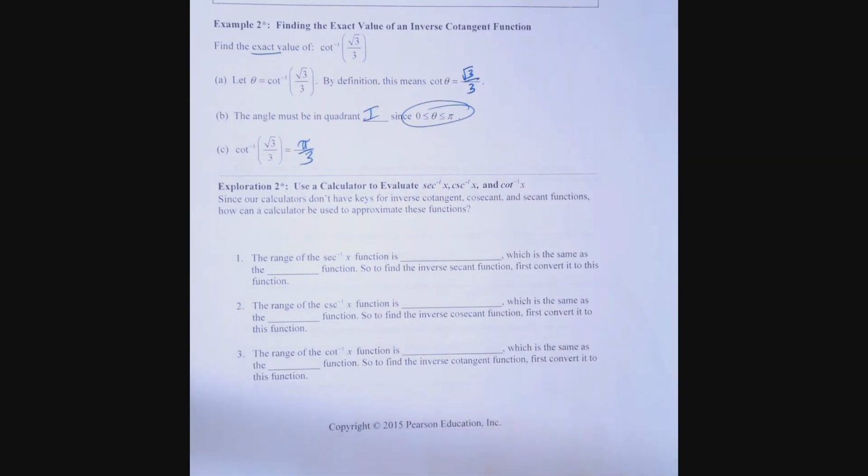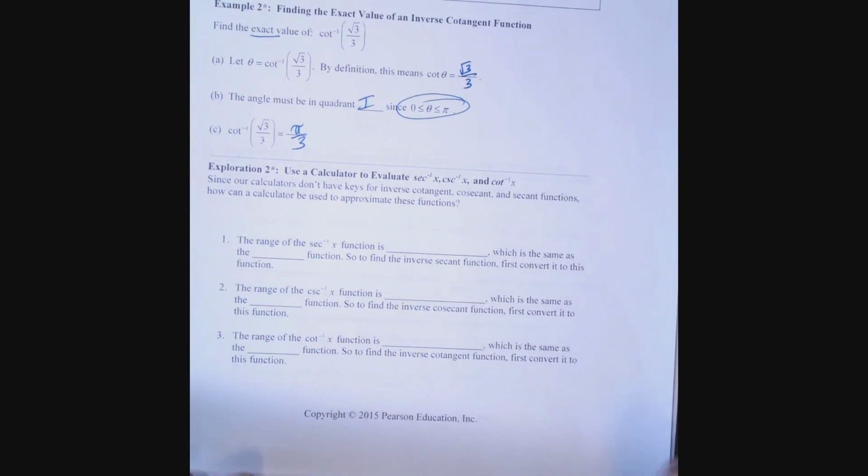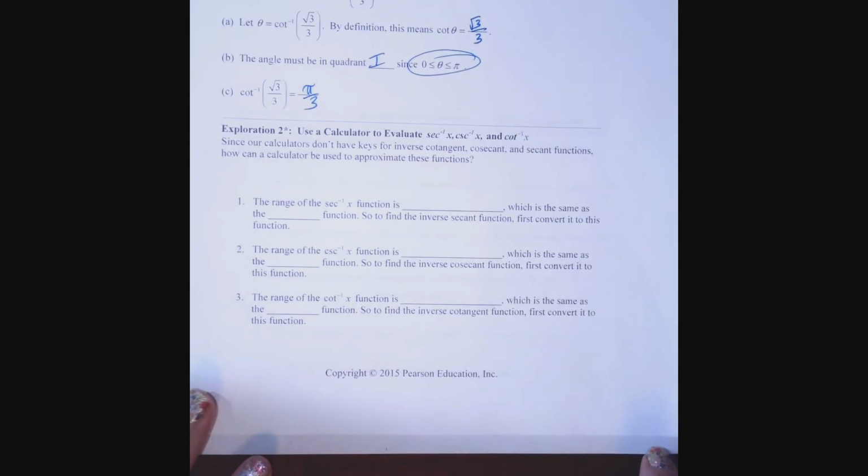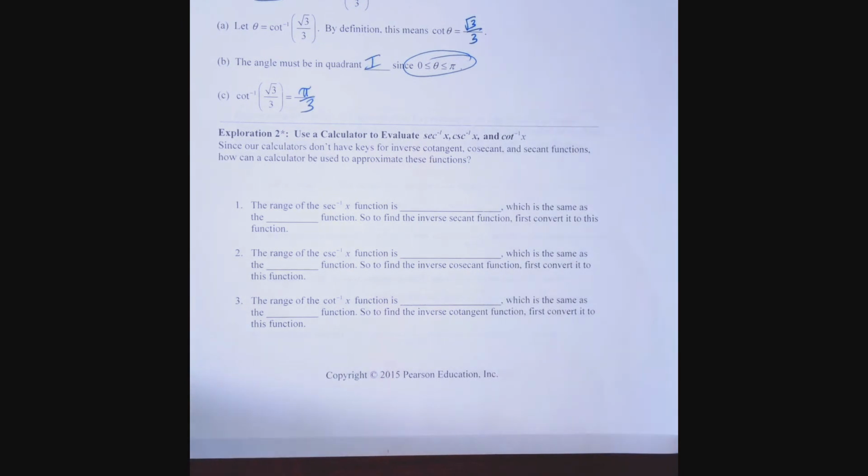Exploration number 2. Now we're going to see how we use our calculator to do this. You don't have buttons for these things, but just like you can find secant using our cosine button and cosecant using our sine function button, we can find secant inverse, cosecant inverse, and cotangent inverse as well.